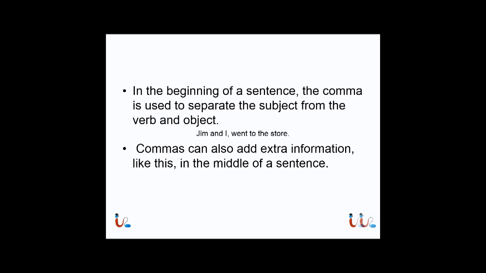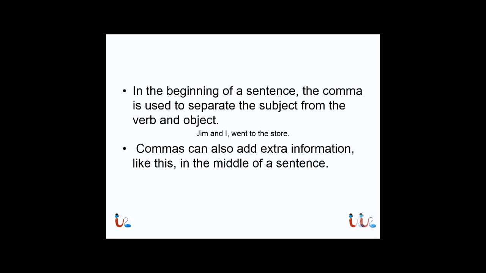Notice this: Jim and I went to the store. Since this isn't one of the direct subjects, we put a comma after it: Jim and I, comma, went to the store. That is just how English construction works, and you are just going to have to learn how to do it as you gain more experience.